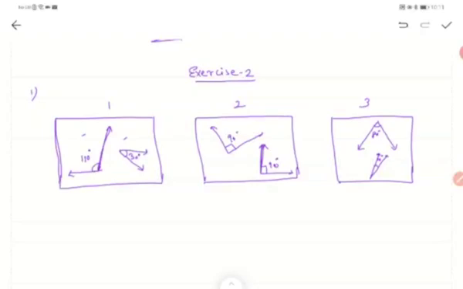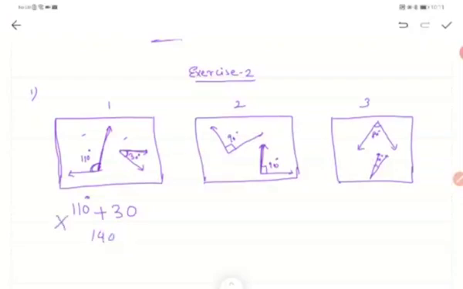The sum of the measures of the angles, if it is 90, you call them complementary angles. Now see, here we have a pair of angles. One angle is 110 degrees and the other angle is 30 degrees. So if you add 110 and 30, it is going to be 140. So this is not a complementary pair.